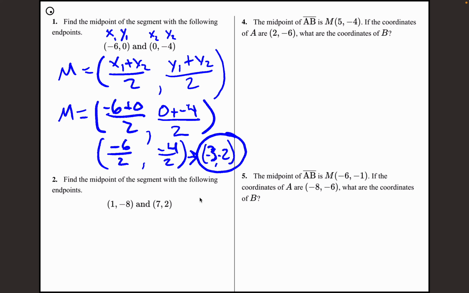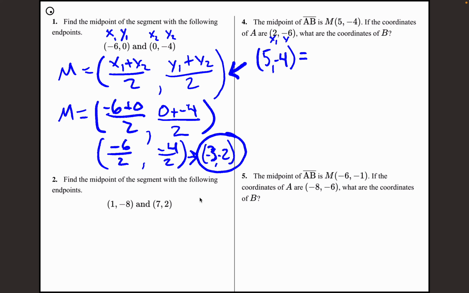All right, let's look at number 4, okay? Now, number 4, we got to make sure we're using the same equation, okay? But this time we're just given the midpoint. So this time, our 5, negative 4 equals our equation. Well, we're given our points of A, so let's make our 2 our x1.